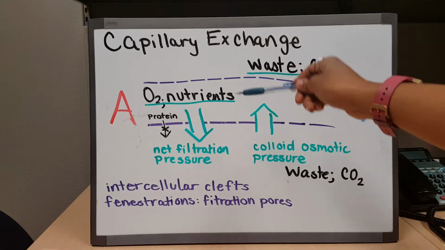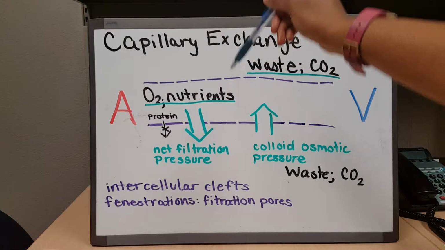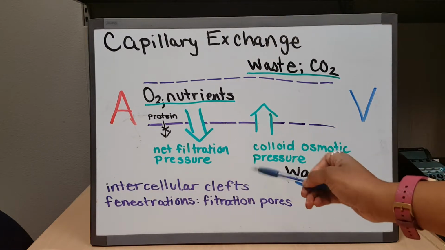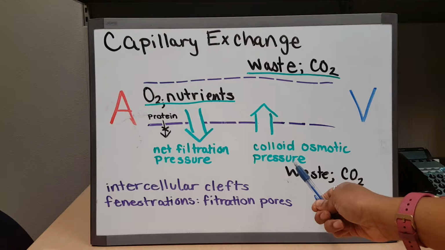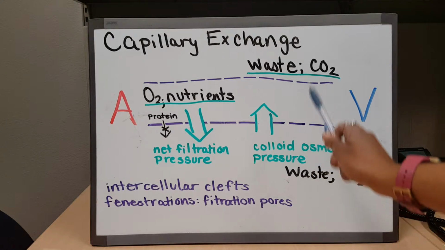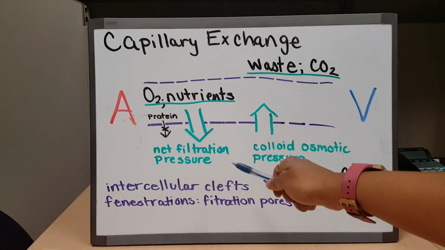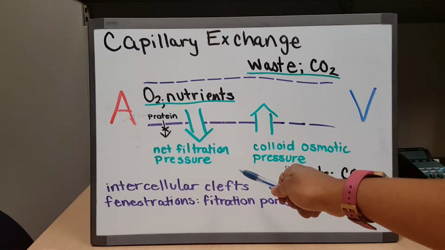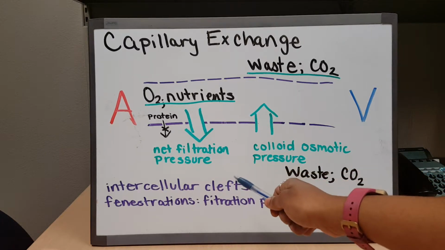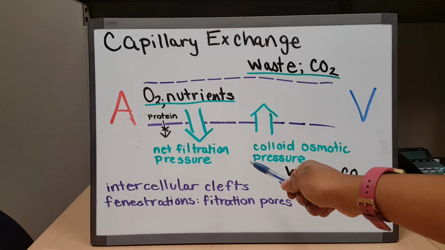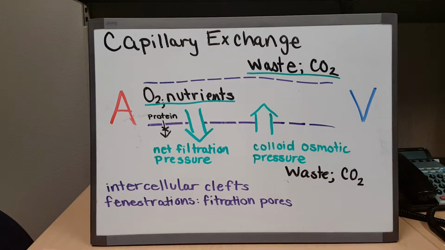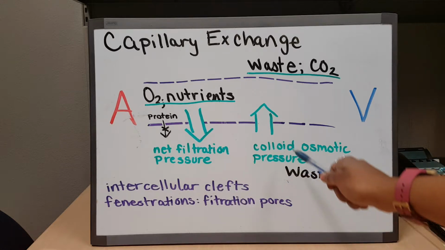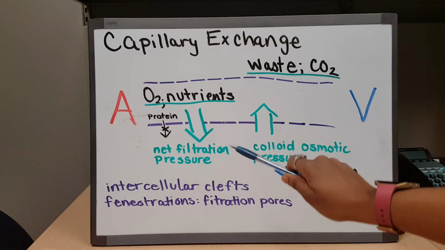For example, higher blood pressure causes your net filtration pressure to increase, and because of that higher net filtration pressure, you can actually end up with swelling where you have a fluid buildup in your tissues called edema.